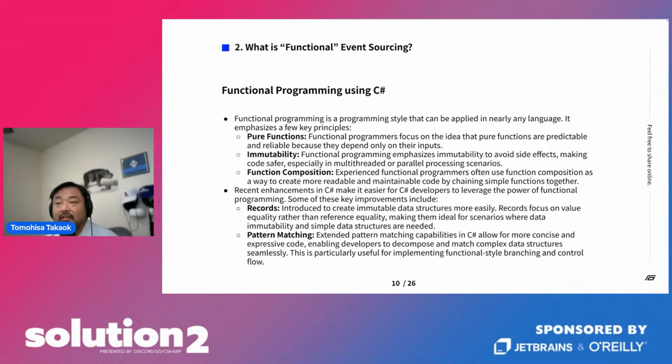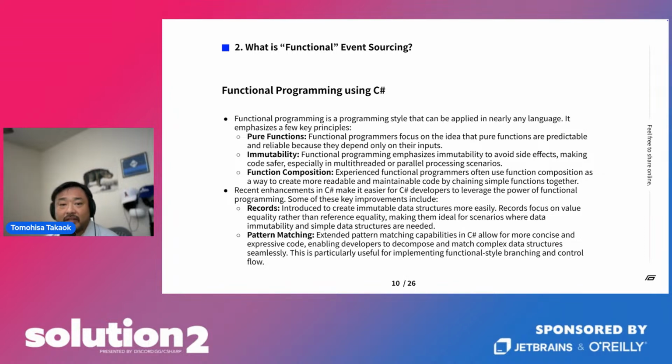To do that, there are 3 points that we can follow. First, pure functions without side effects: you take an input, convert it, and return the data without doing anything like saving things inside the function.